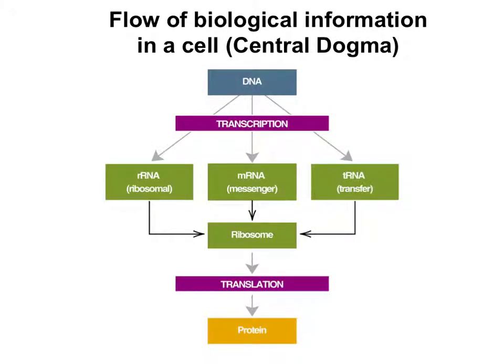Again, here's a flow of the central dogma of biology. Again, DNA makes RNA, makes protein. Here it is showing that you have DNA being transcribed into rRNA, messenger RNA, and transfer RNA, in the presence of the ribosome being able to be translated into protein.